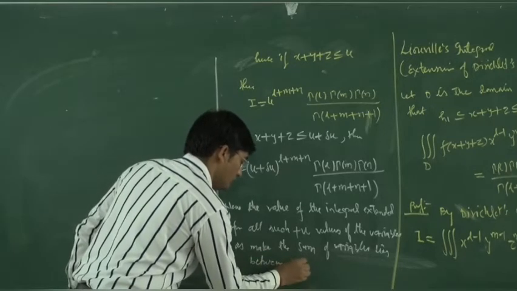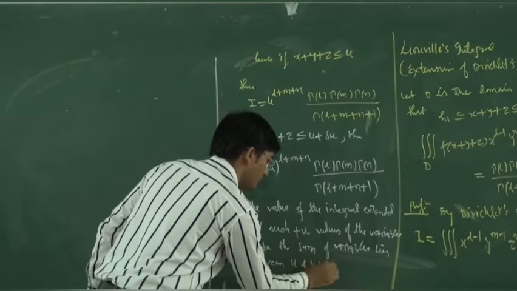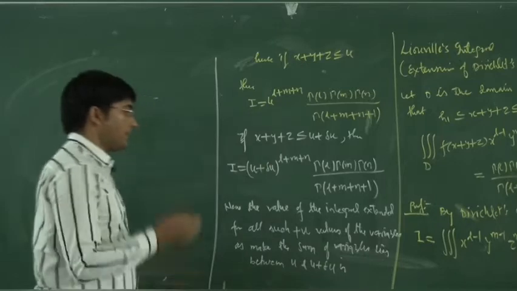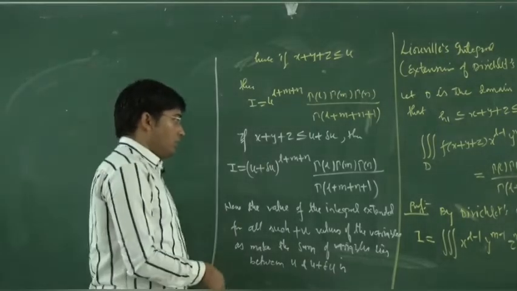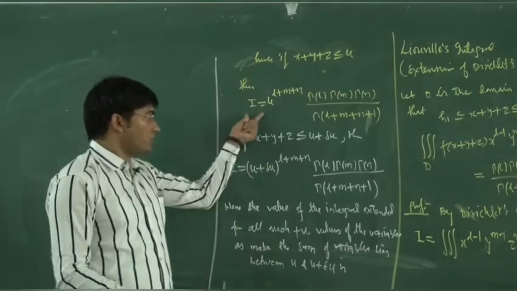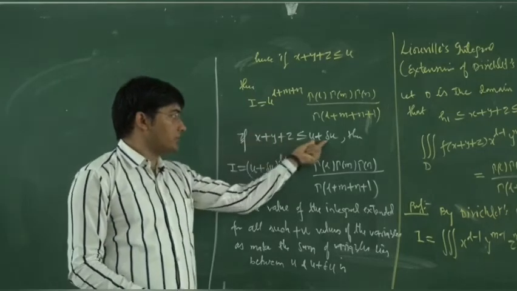u and u plus delta u is given by, now here we have extended the integral for u plus delta u.